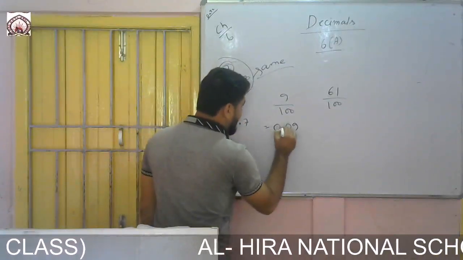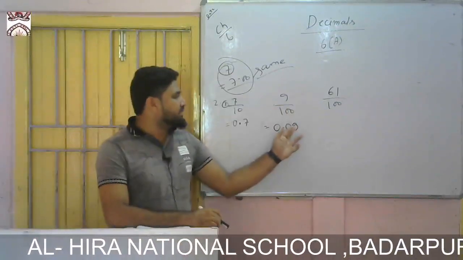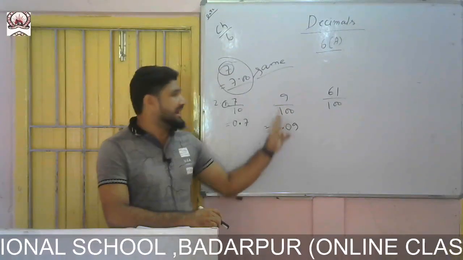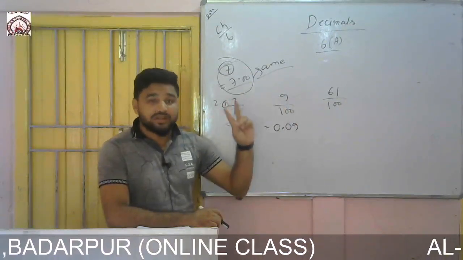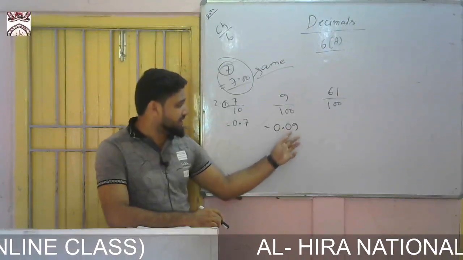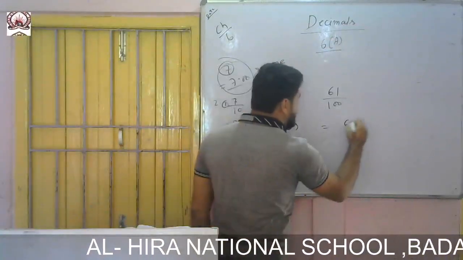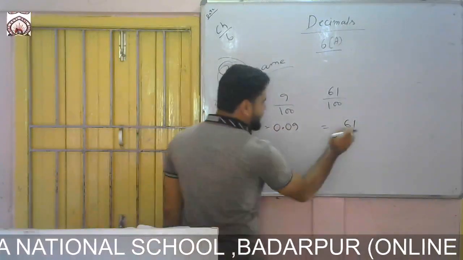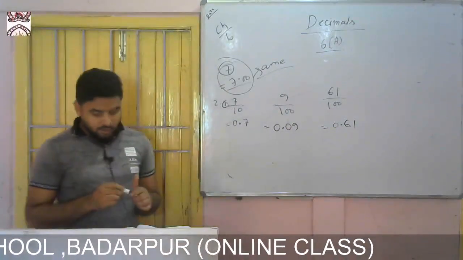See again, due to 100 the point should move 2 places left, but in the numerator 1 digit is there, so I need to make it 2 digits by adding zeros. Now I have shifted 2 places left. So here it will be 61: write 61 first, then come 2 places left. So in this way you can convert.